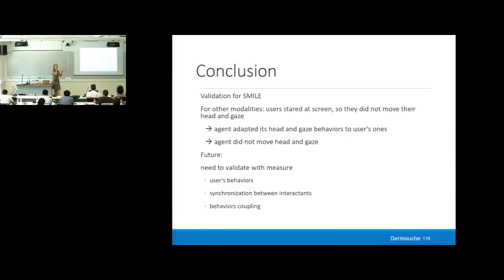The choice of the sentence in the Semaine was done through the perceived emotion of the users, the length of their sentence, what the agent had said before, and a little bit of keywords.